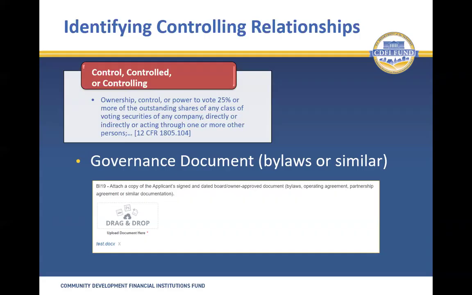All organizations are required to attach a copy of its current leadership-approved governance document, that is, bylaws, operating agreements, partnership agreements, or similar. And this document will be evaluated to confirm the responses regarding affiliates via ownership control as identified in the governance document.